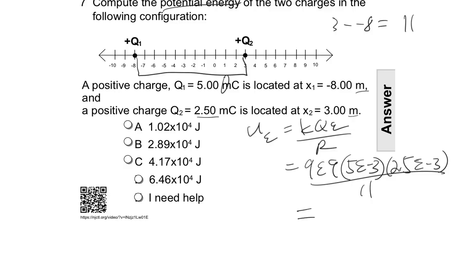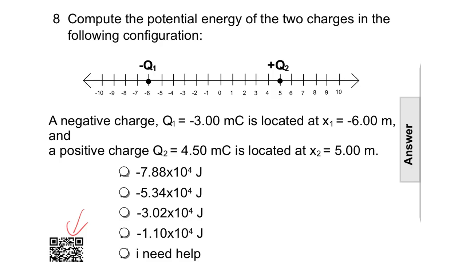So when I calculate this out, I get 10,227.2. Okay, and then that is, let's see, 1, 2, 3, 4. So that'd be 1.02 times 10 to the 4 joules.